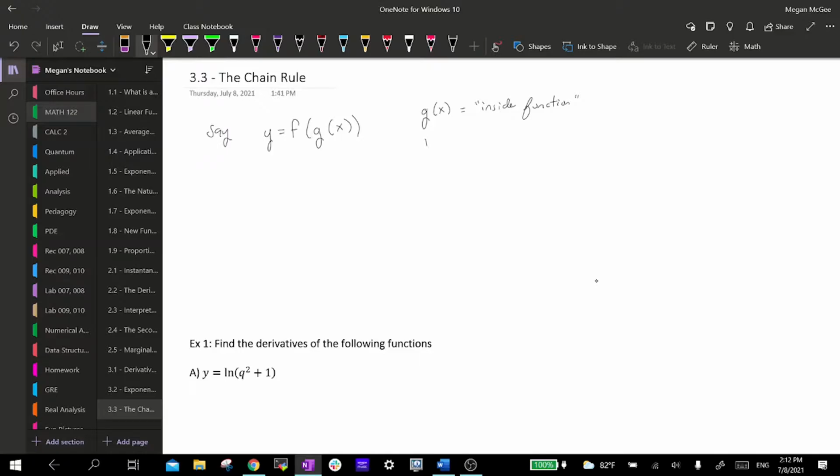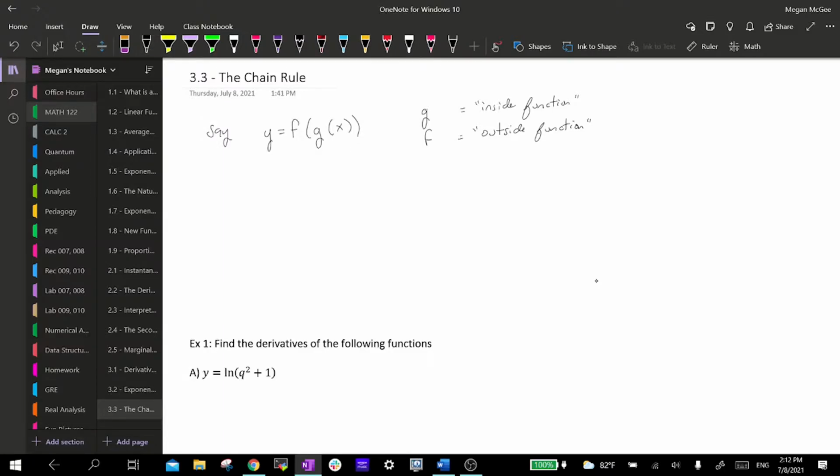I'll say g is the inside function and f is the outside function. Because g is inside of f in this instance, okay?